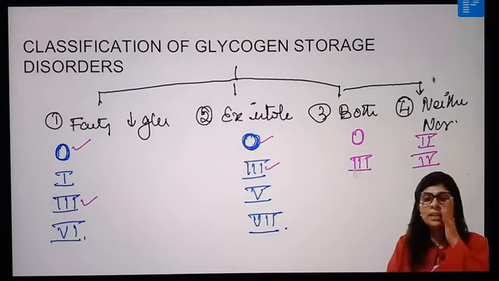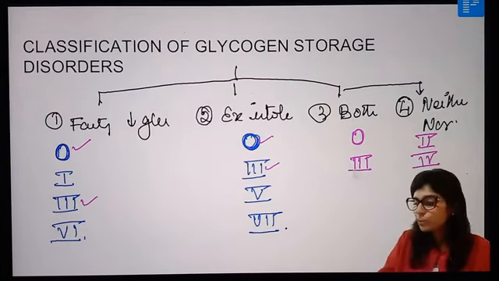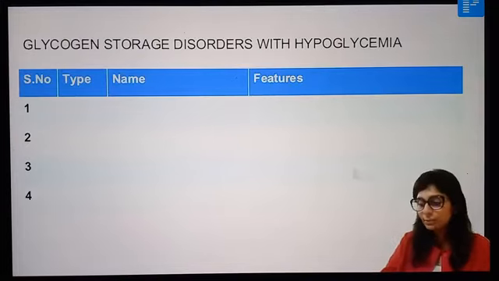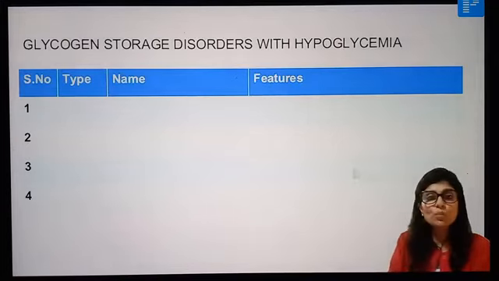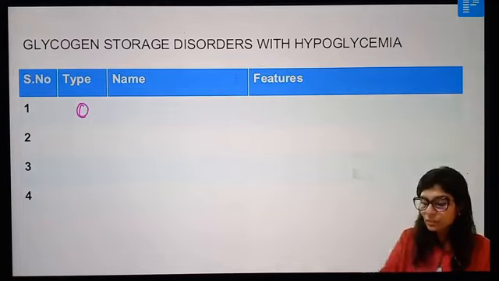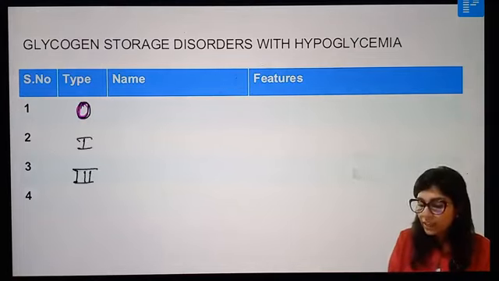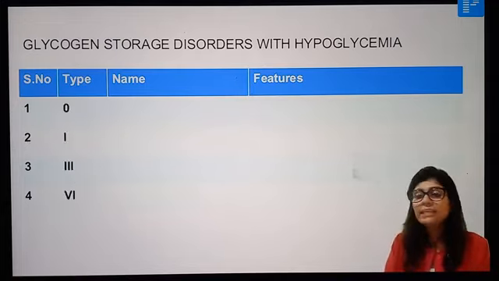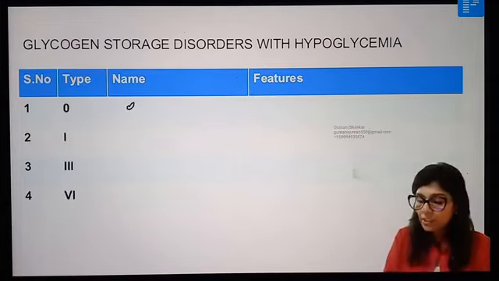Now let's start with the first category, those which present with fasting hypoglycemia. Can you tell me the numbers first? What are the types? Type 0, 1, 3 and 6. Okay, tell me their names. What is type 0?